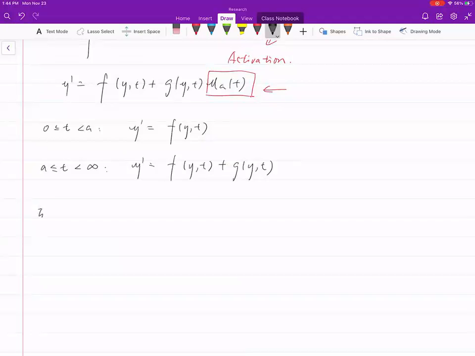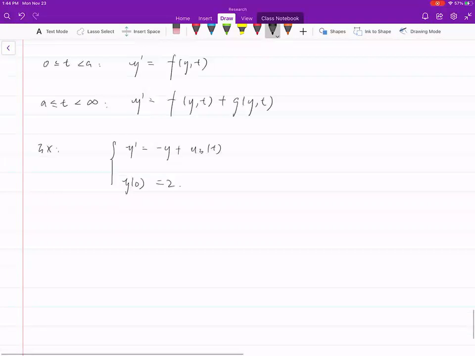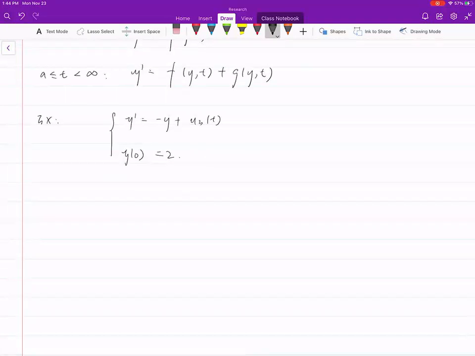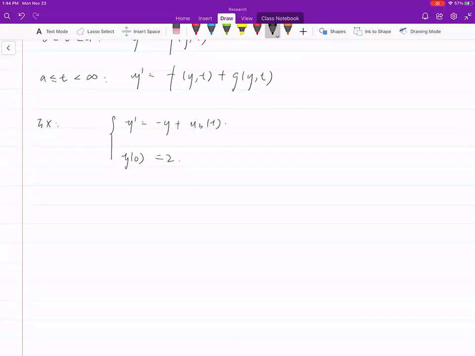Let's see an example. Let's see something that looks like this: y prime equals negative y plus u3(t), y(0) equals 2. Okay, so we're taking the activation and we just multiply it by 1.